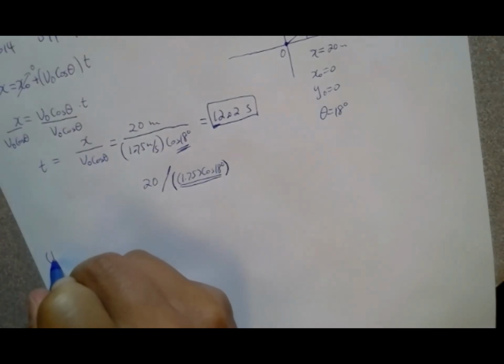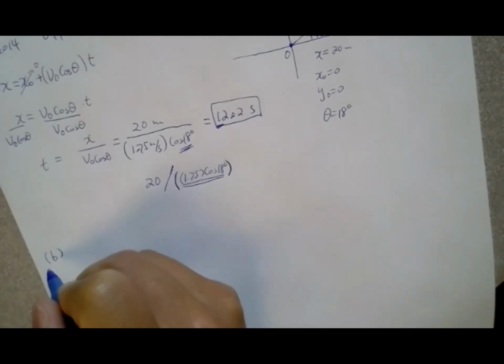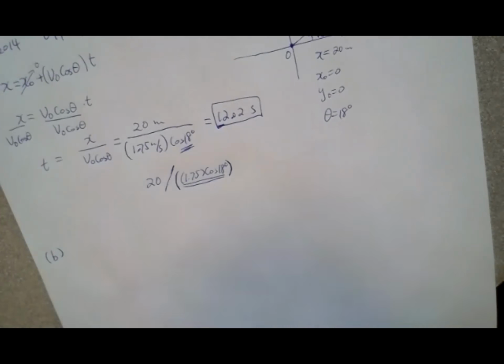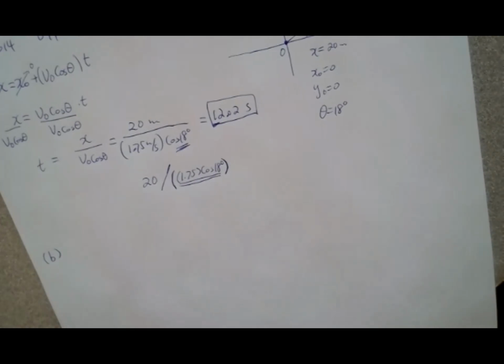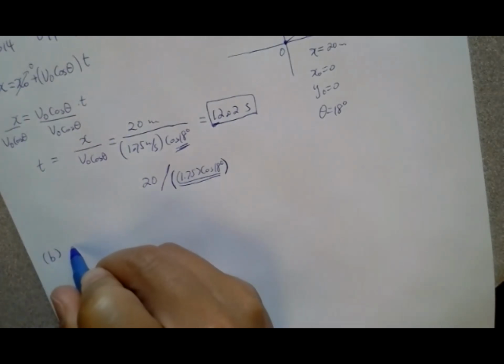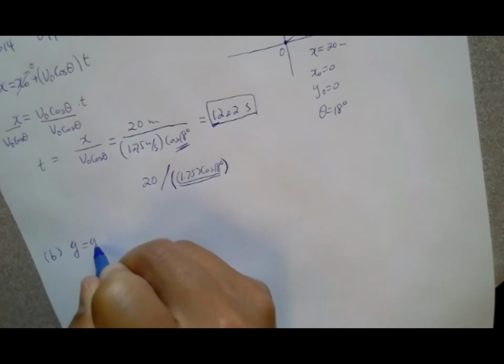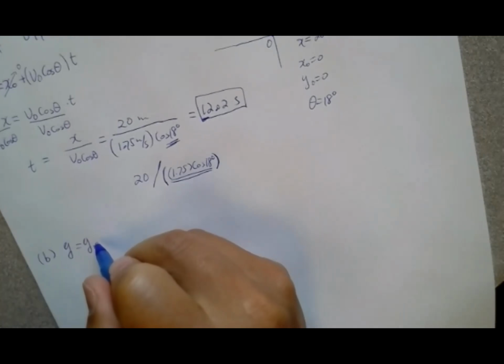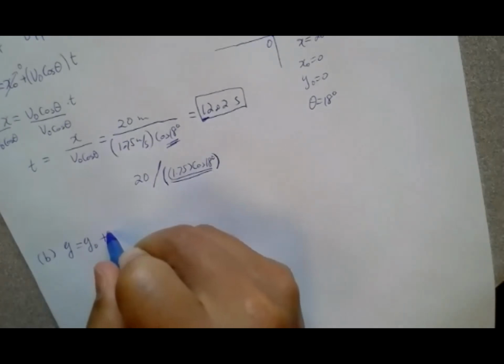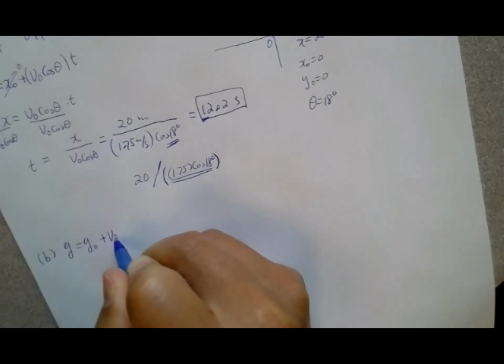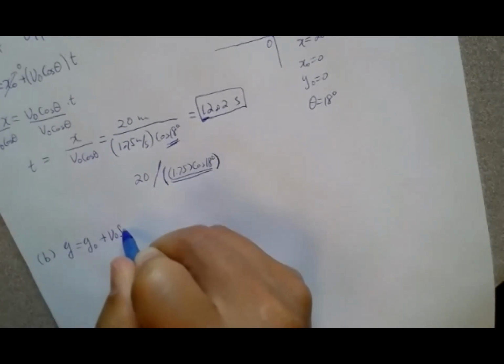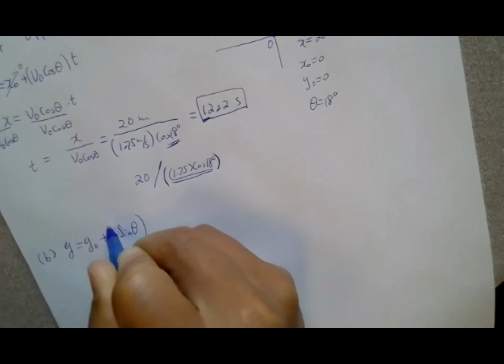So let's take on the second part here. It's asking how much time it takes to change your position by 30 meters north. This time you'll be looking at the y direction, so the position equation in the y direction. It will be V0, the y component, V0 sine theta, times t.